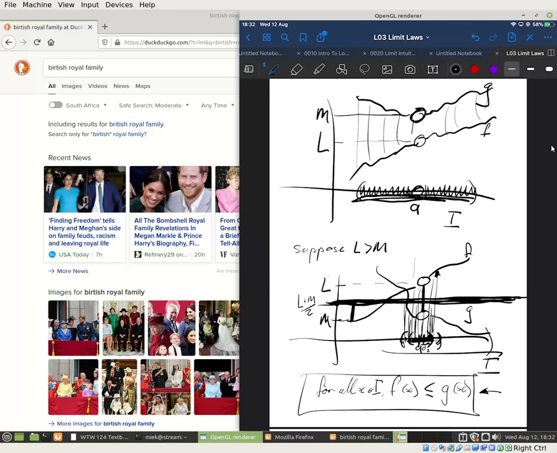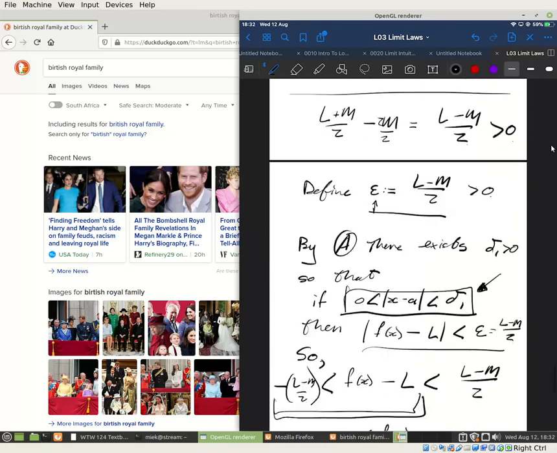You take an element in the intersection of these intervals, then g of x will be less than the average of L and M, f of x will be greater than the average of L and M, but that contradicts our assumption C.